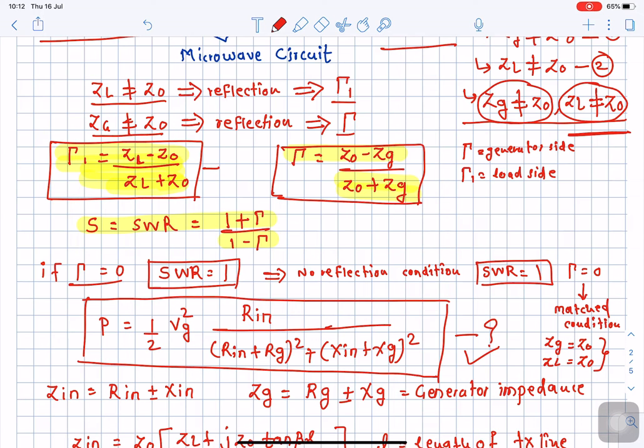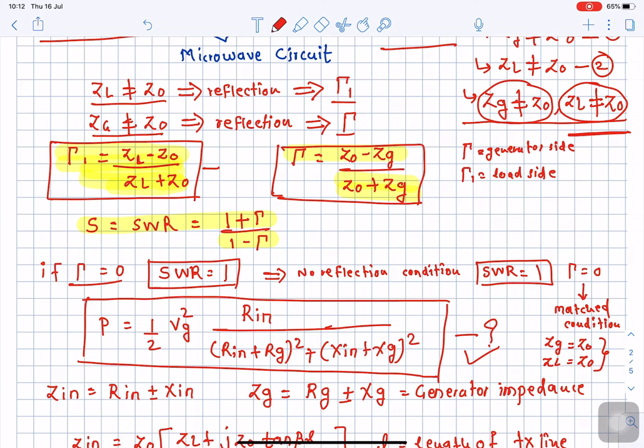Please remember here, in order to make gamma equal to 0, what we will be doing is inserting an extra network in the microwave circuit. That extra network or extra circuit, we are going to call an impedance matching network.